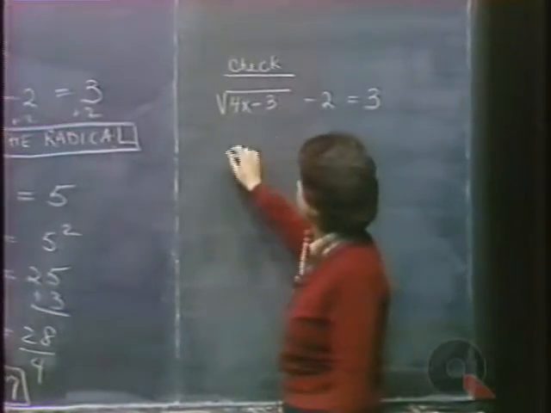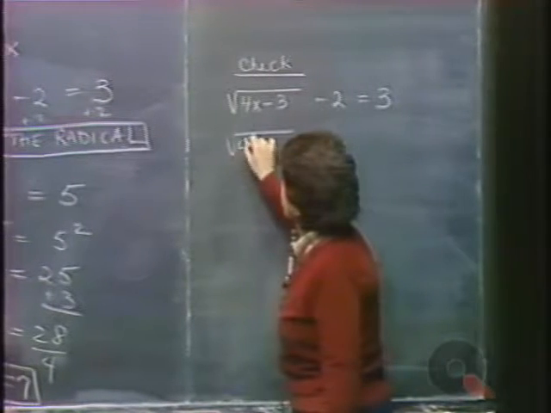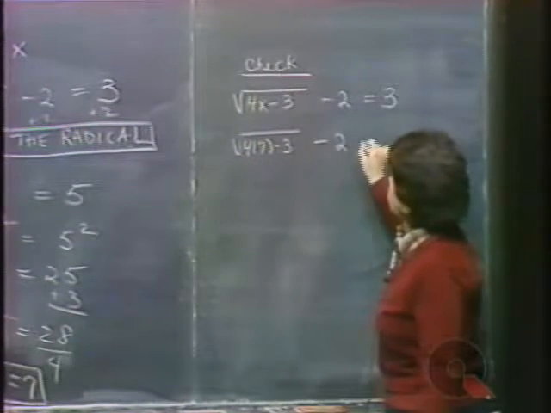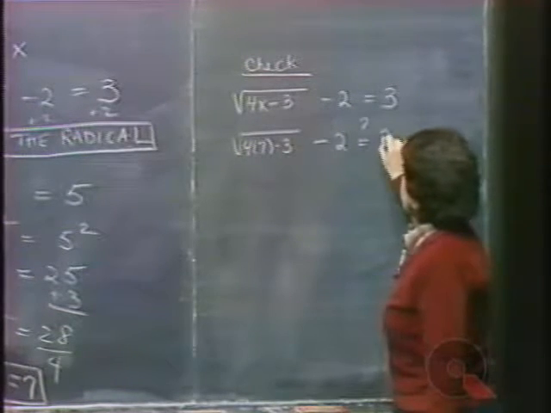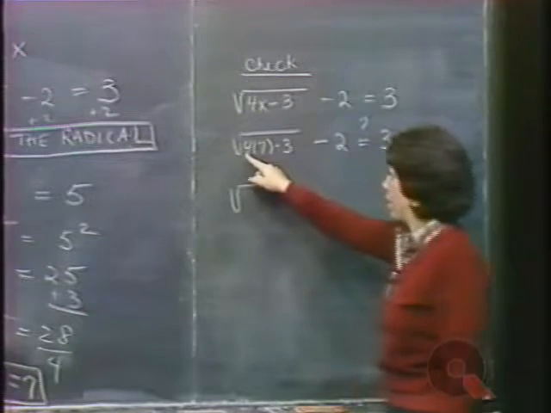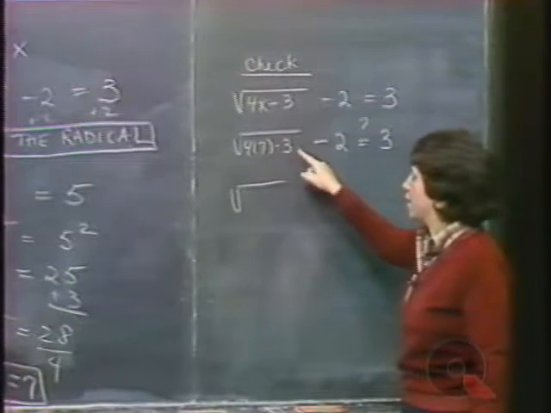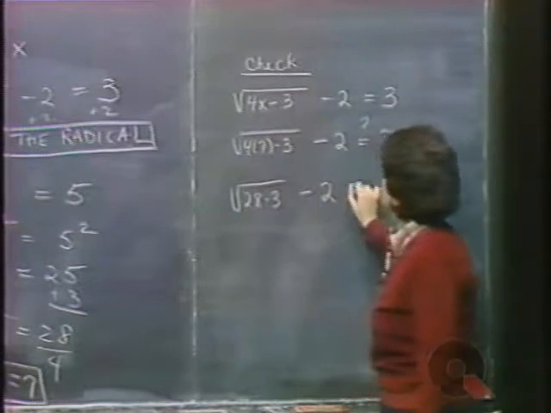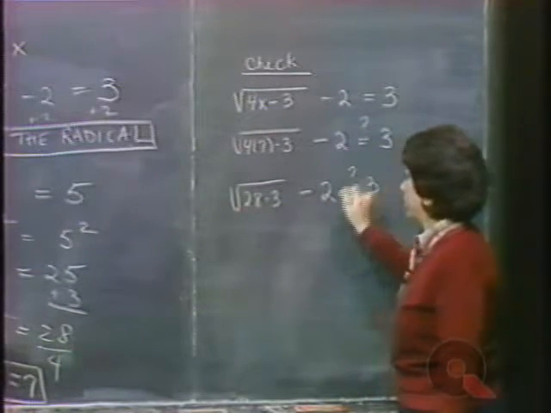Let's substitute it in. The square root of 4 times 7 minus 3, minus 2, should be equal to 3. The square root of now 28 minus 3, minus 2, should be equal to 3.